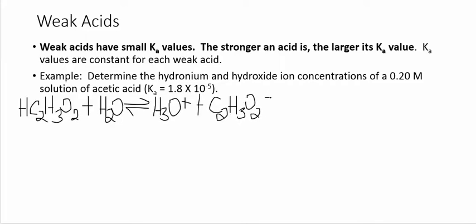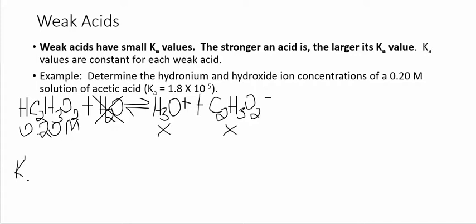The concentration of acetic acid is 0.2 molar. We don't worry about the concentration of water because it's a liquid. Since the coefficients in front of H3O and acetate are both 1, I will use X's for those.